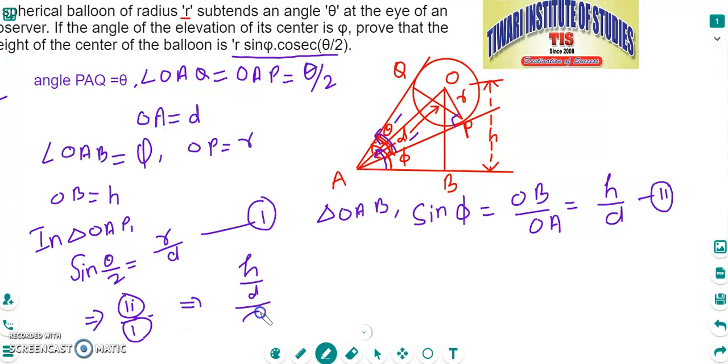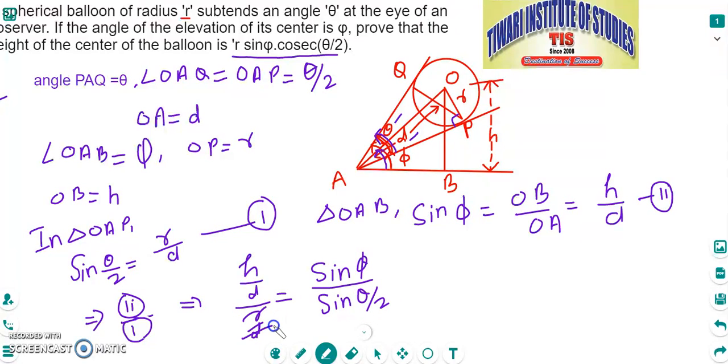And the first one is R divided by D, which will be equal to, first I have to put sine phi, and then I have to put sine of theta by 2.